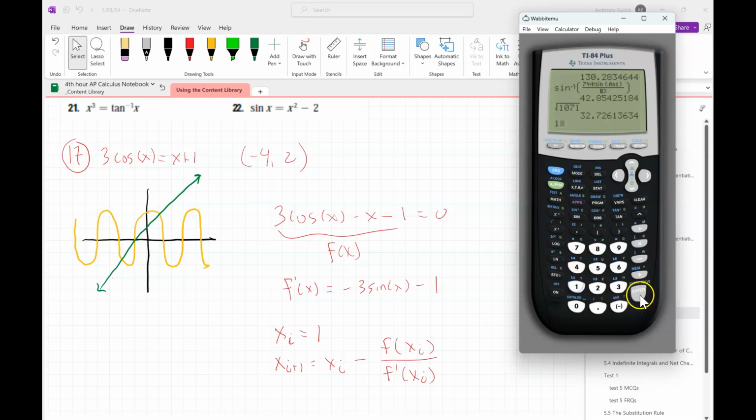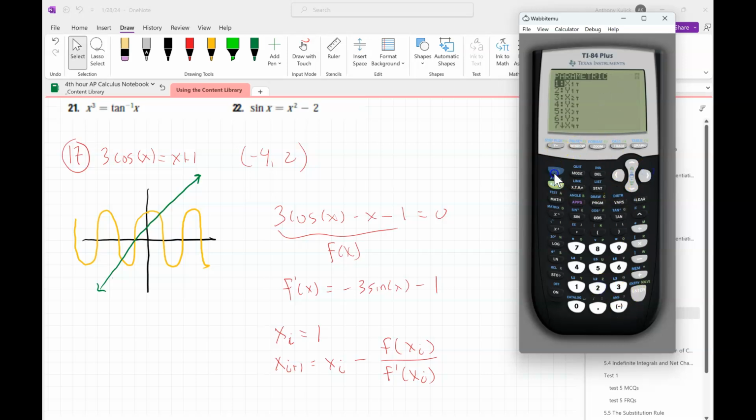Exit out of there. We'll do 1 as our initial guess, and we're going to do the previous guess minus Y1 of that previous guess over Y2.